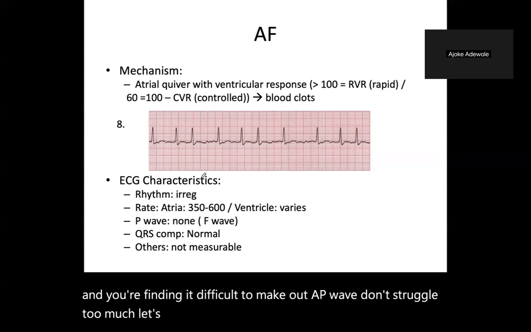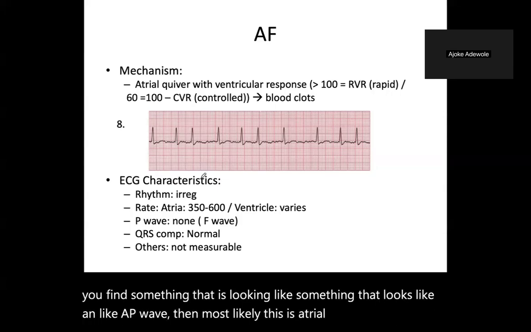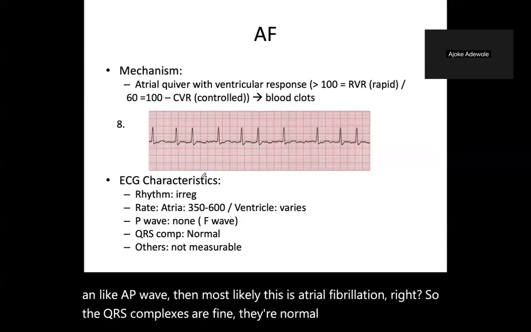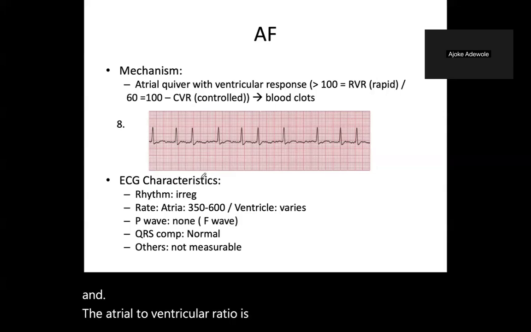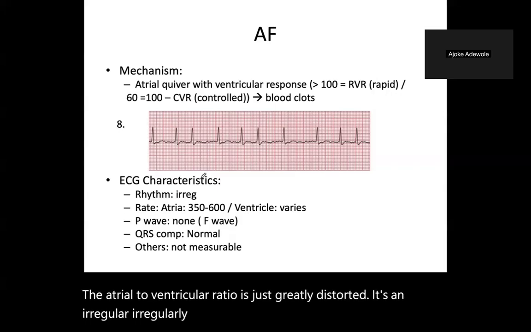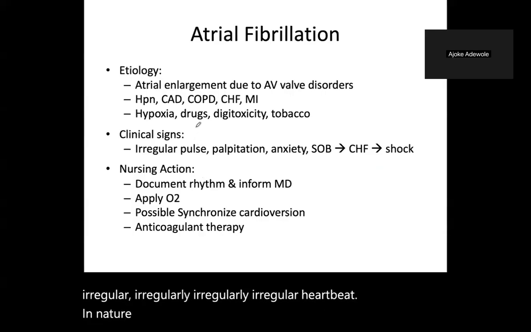Let's say you don't find P waves in a few leads, and then you find something that looks like a P wave, then most likely this is atrial fibrillation, right? So the QRS complexes are fine, they're normal, but the P wave, none. And the atrial to ventricular ratio is just greatly distorted. It's an irregular heartbeat.